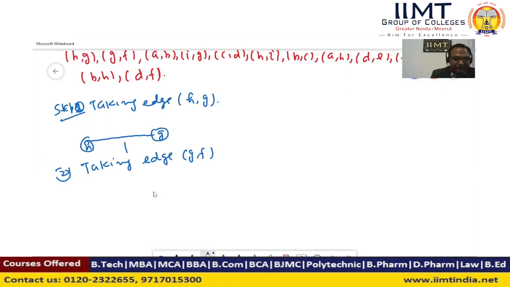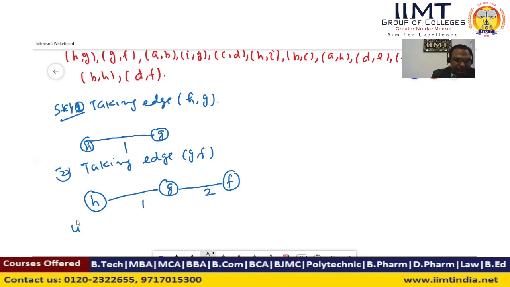We will take this. So what spanning tree will we have? H comma g, that was earlier in the previous step, and now this f will come, that is 2. That was step number 3.